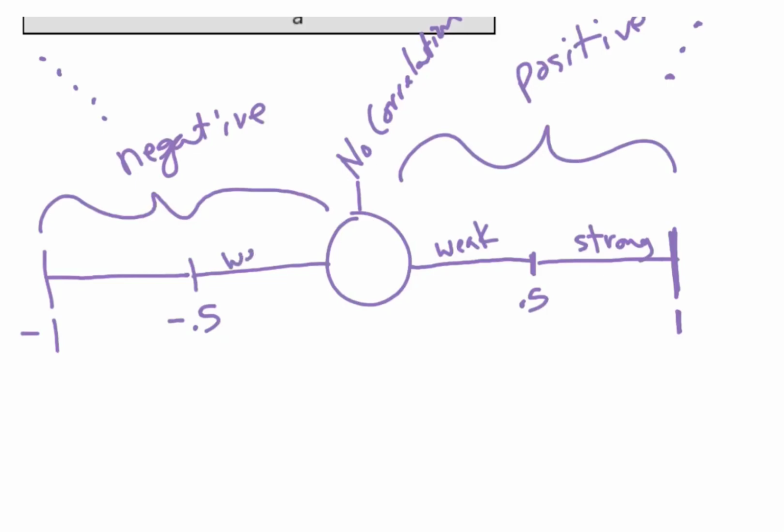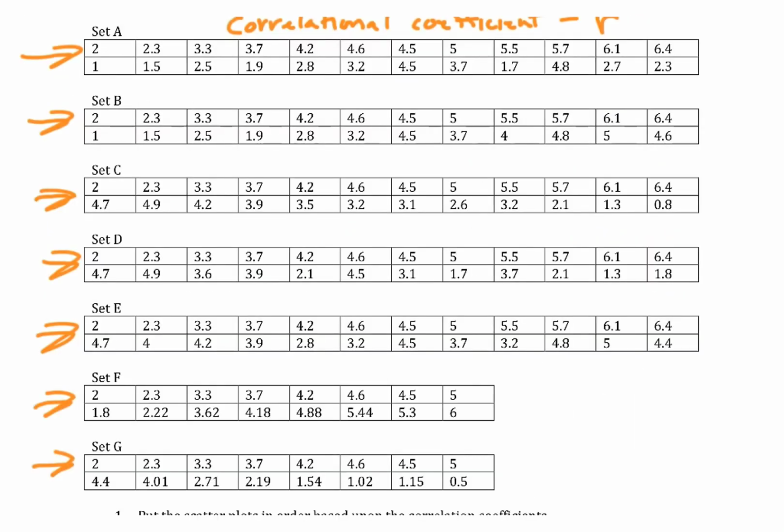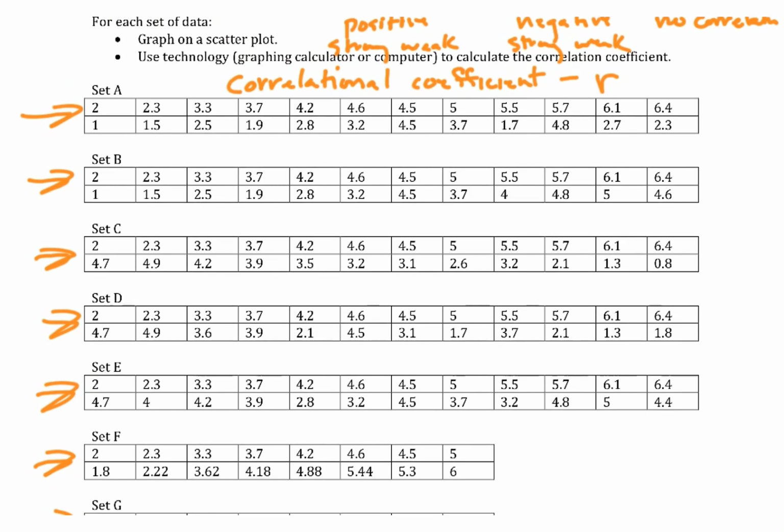So a weak negative will be from 0 to negative 0.5, and beyond negative 0.5 to negative 1 would be a strong correlation. So looking back, we've got an R value of 0.50, and so we're going to call that a weak positive correlation.